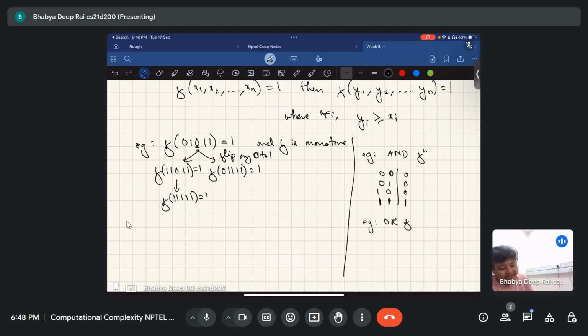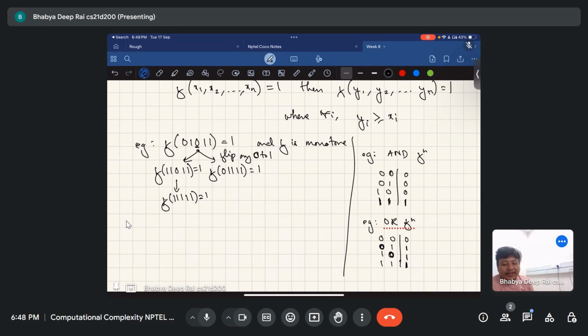The OR function is a better example because on 0 1 it evaluates to 1. Flip the 0 here, you get 1 1, for which it will always evaluate to 1. Or you can see it this way also: you have 1 0 here which evaluates to 1. Flip the 0 bit to 1 and it will always be a 1. So the OR function is a nice monotone function, a better example than the AND function, but both are monotone.